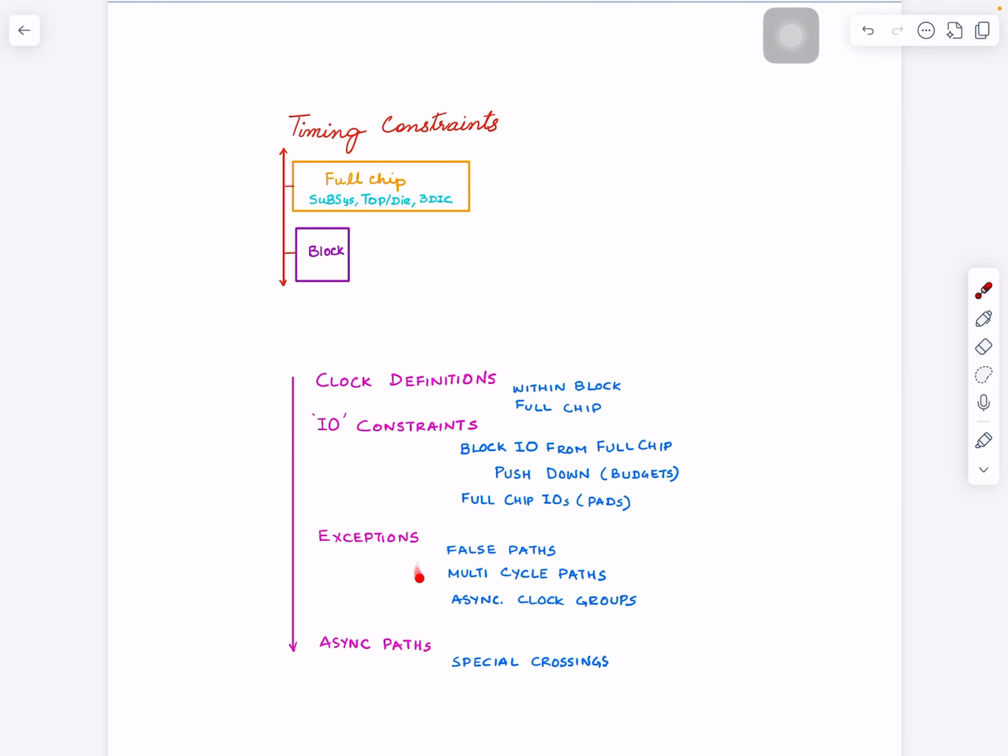And then when you come into exceptions, you have false paths. You can have multi-cycle paths, and this is where I was talking about slow to fast, fast to slow, right? And then async clock groups. What are those? Here, sometimes gray coding, sometimes signals come between different clocks coming from different PLLs. Typically, it's called a clock domain crossing.